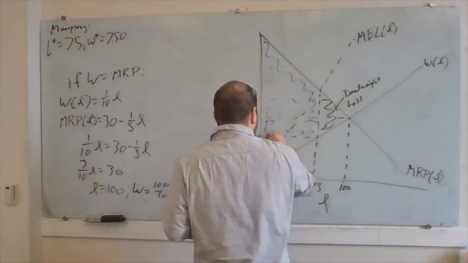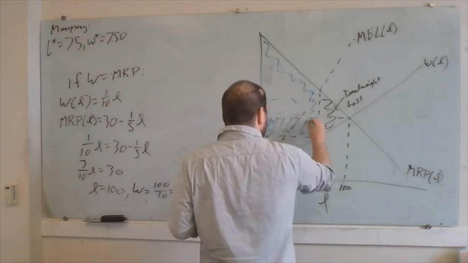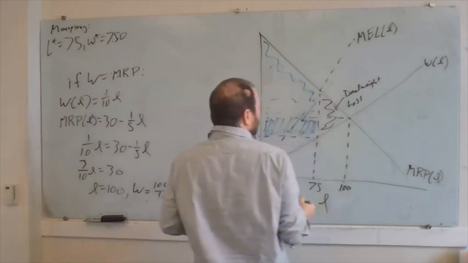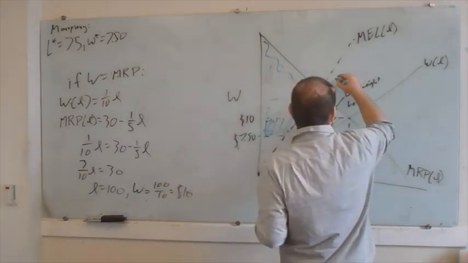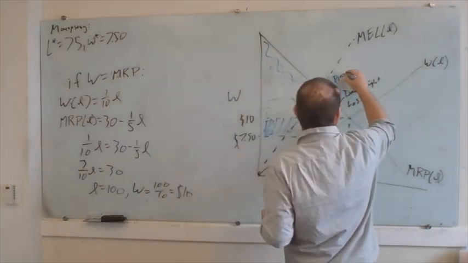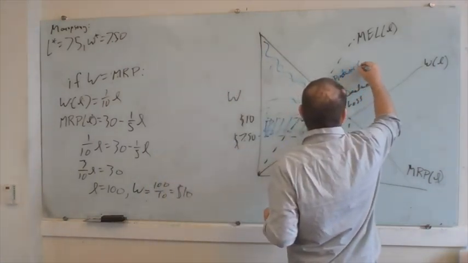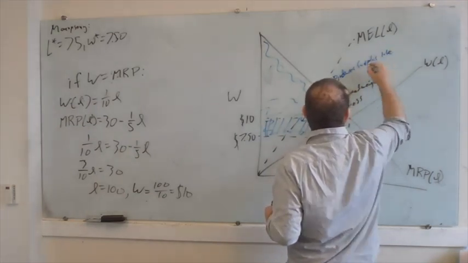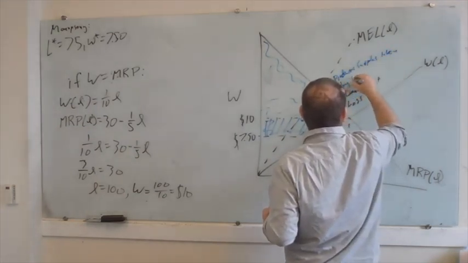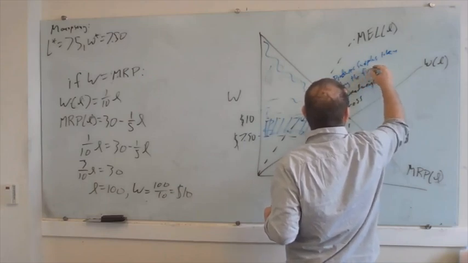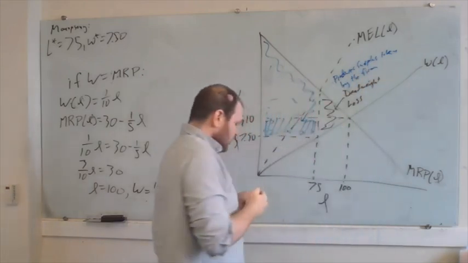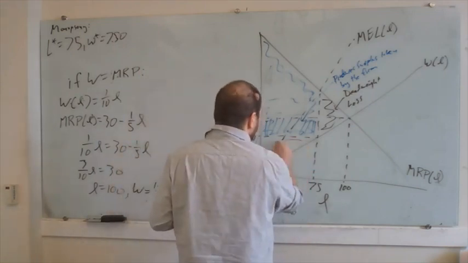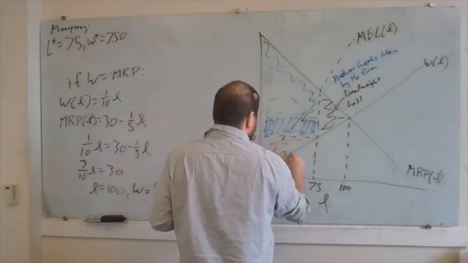So we've got this area here, the difference between $10 an hour and $7.50 an hour, right, for the 75 workers hired, which is producer surplus taken by the firm and transformed into consumer surplus, right? We've got this area down here, remaining producer surplus.